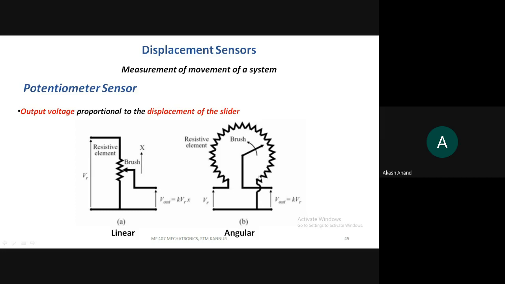That is, the potential difference is proportional to its length. That is how we are measuring. Initially, it was at this length. When it rotates a little more, it becomes this much length. So when the length increases, it is proportional to the output voltage.